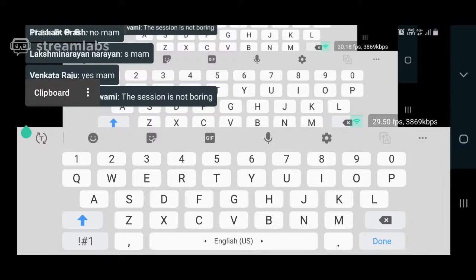You just chat and tell me. Anywhere, any confusions? Venkataraju, I don't know who is behind that. So saying that yes, ma'am. So I think the voice session was clearly heard.